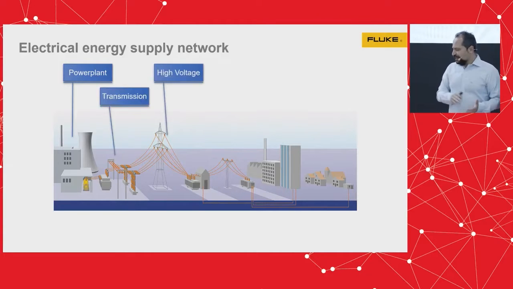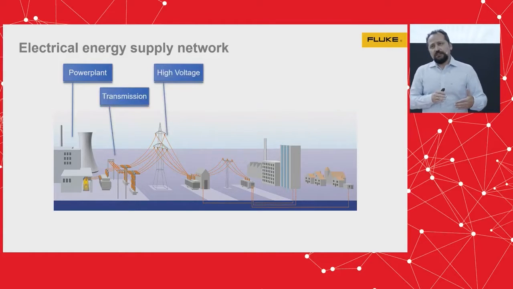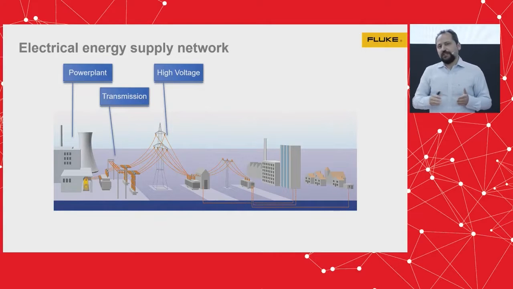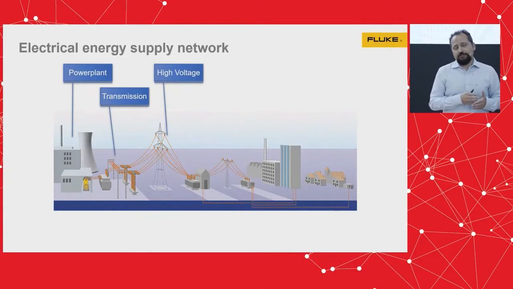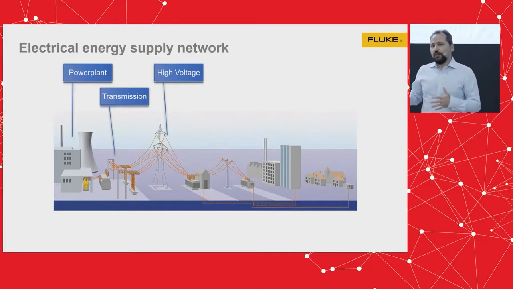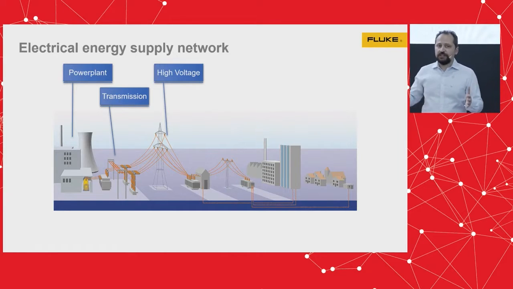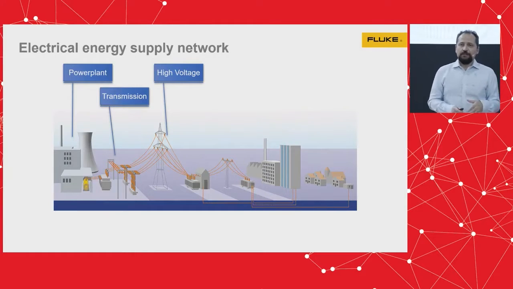Using transformers, that voltage is elevated and the power is transmitted through the electrical lines until we reach an area closer to the end user. All that part from generation to the end user is called transmission.